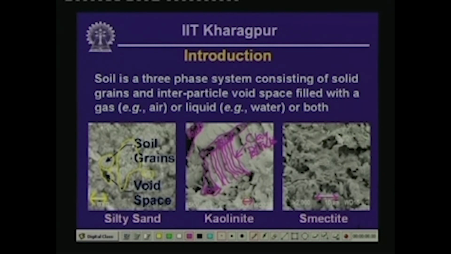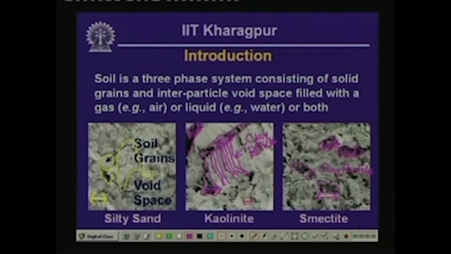And here again you can see that there are void spaces. So these are void spaces, again there is another void space here, in between, and these voids are in between, once again, plate-like clay particles. So these are clay particles, and these clay particles are much smaller than the clay particles of kaolinite clay.